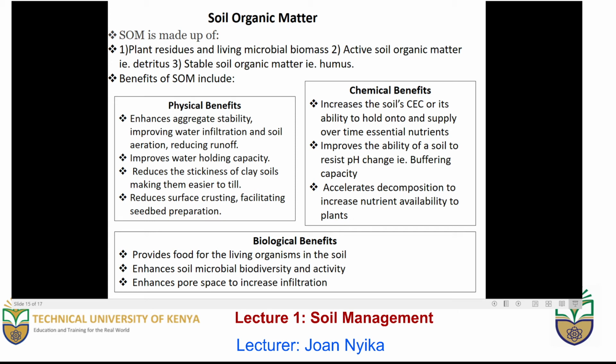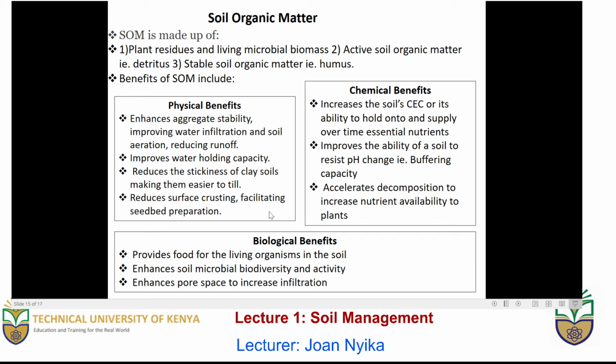The chemical benefits of soil organic matter are that it increases the cation exchange capacity and also enhances the buffering capacity of a soil, that is, preventing the fluctuations of its pH from being too acidic or too basic. It also accelerates the process of decomposition, which makes nutrients available to plants for growth.